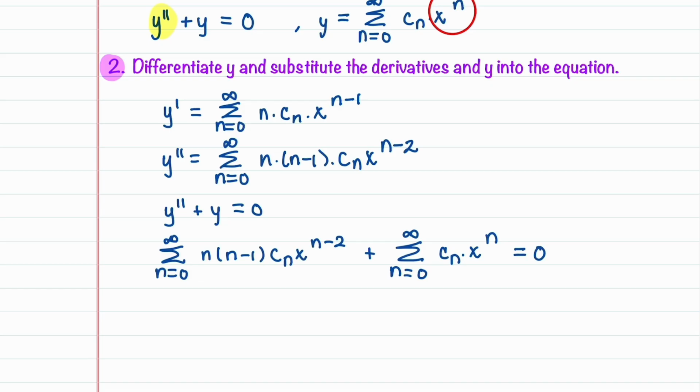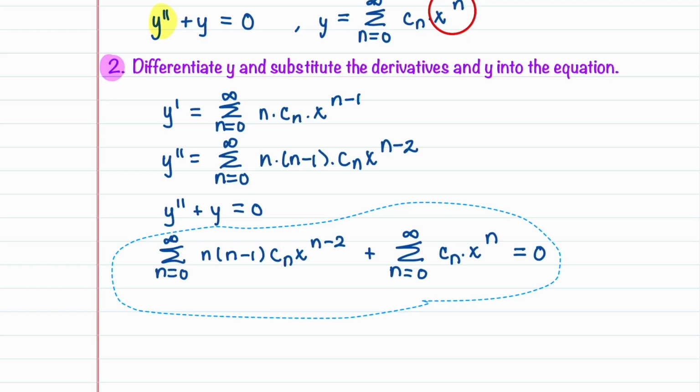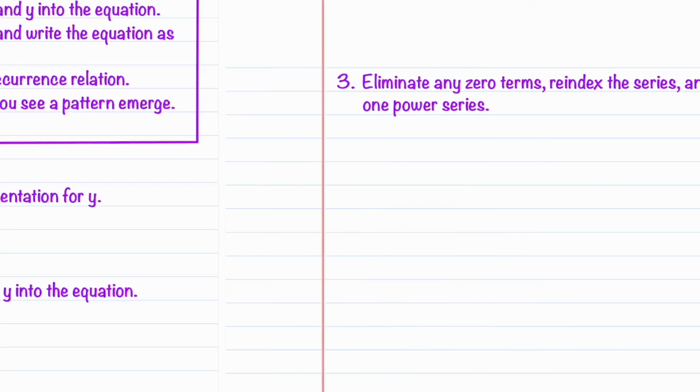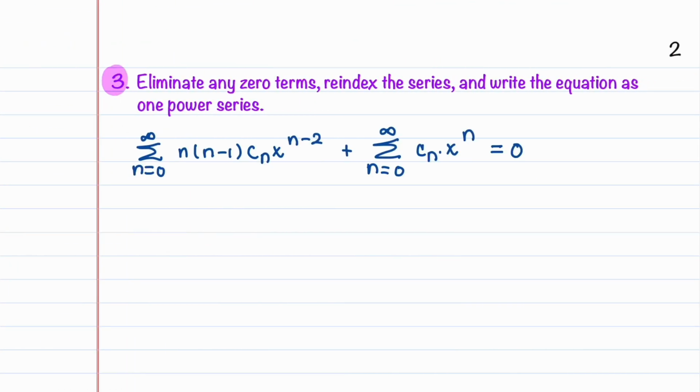In a minute, we're going to combine these two sums, but for now, we're going to leave them as two separate sums. Let's copy this over to the next page, and we can talk about step 3.